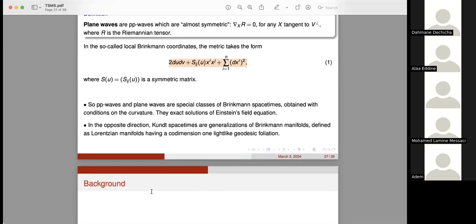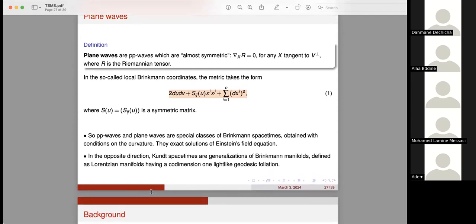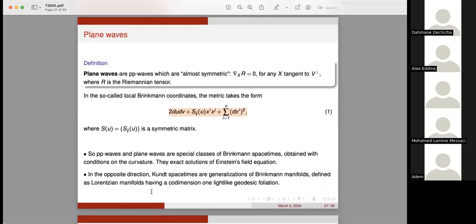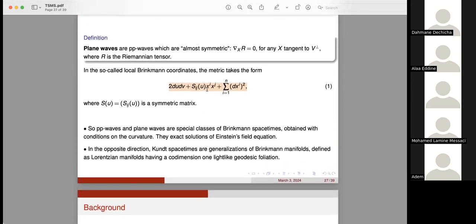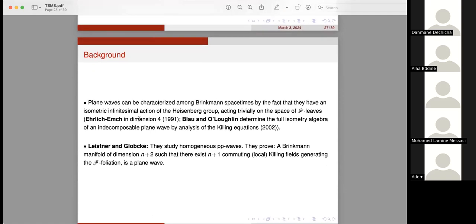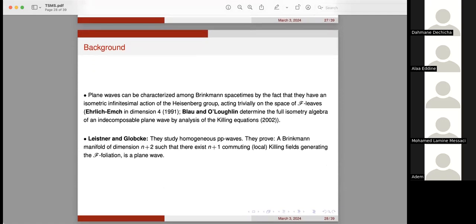The plane waves are studied essentially from the physical point of view, and besides this definition of plane waves, we have a characterization of plane waves in terms of the Lie algebra of Killing fields that act on plane waves.